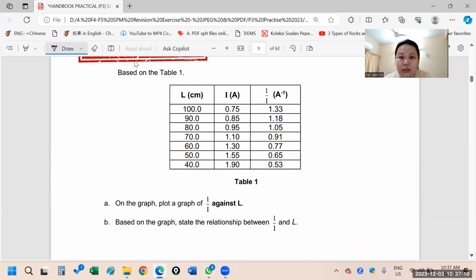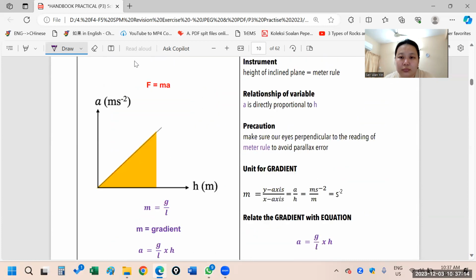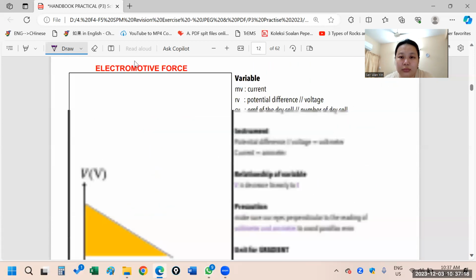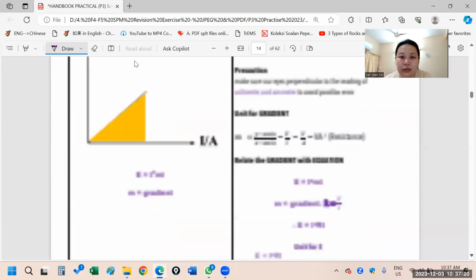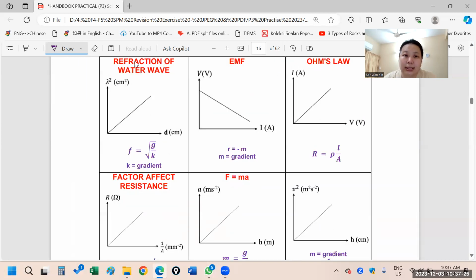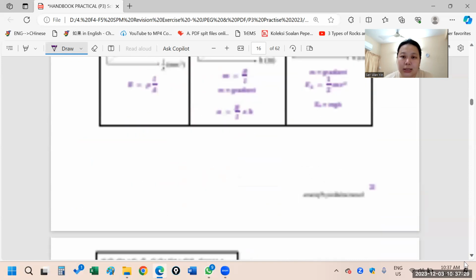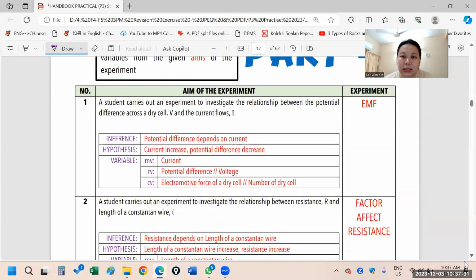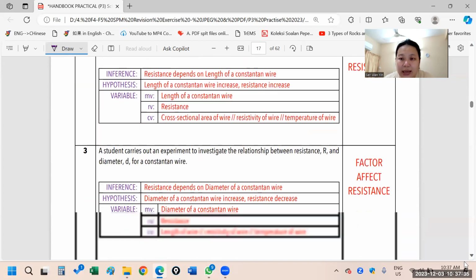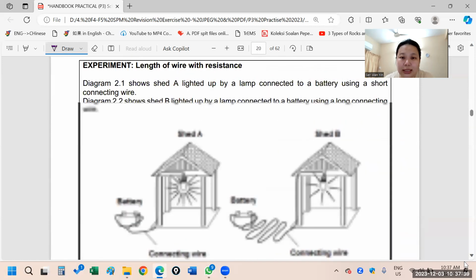Okay, so now let's see. This is the gradient. Okay, we look at the setup first.